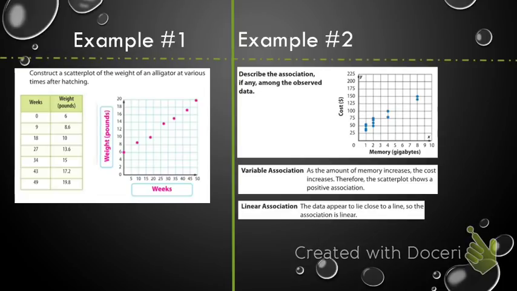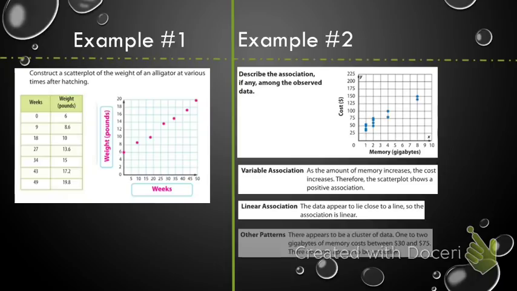We have a linear association. We don't have any curve, so the data lies close to the line. And then our other patterns: there are clusters, it looks like around 1 and 2 gigabytes of memory, that cost between $30 and $75, and it does not look like there are any outliers.